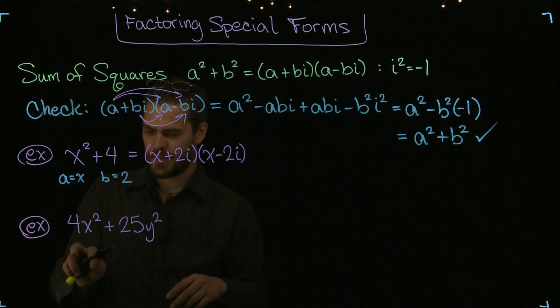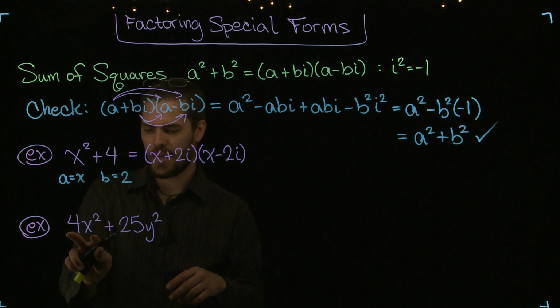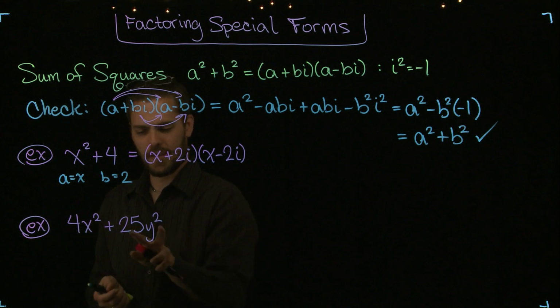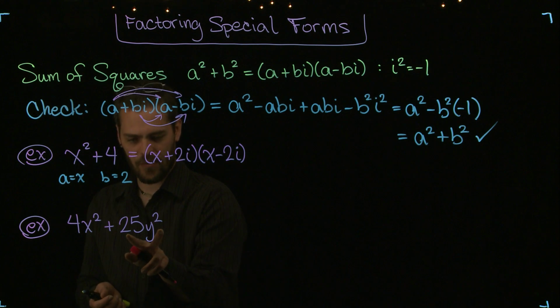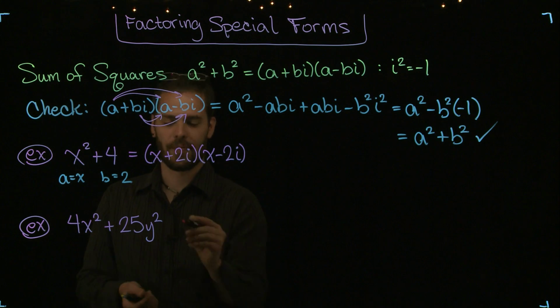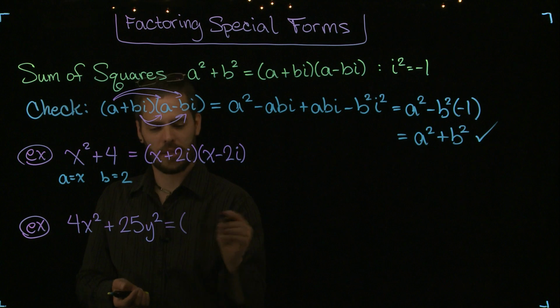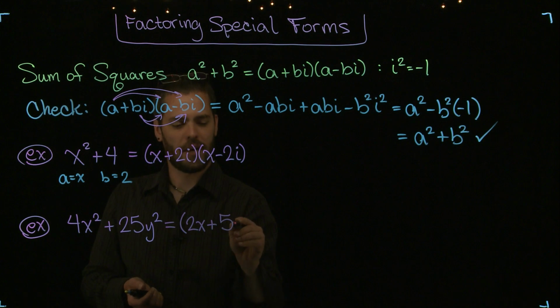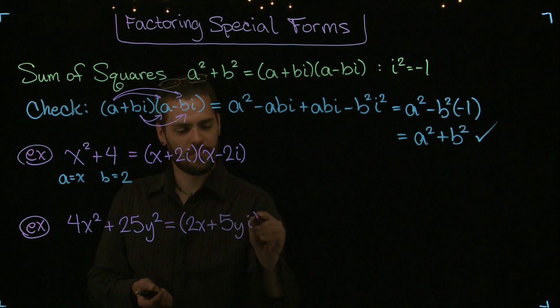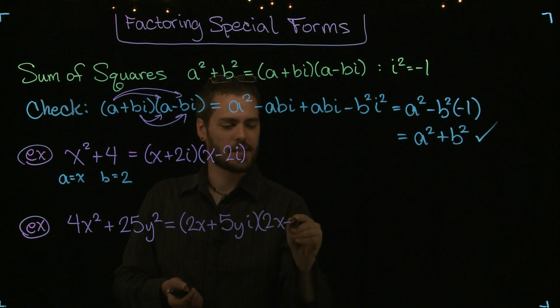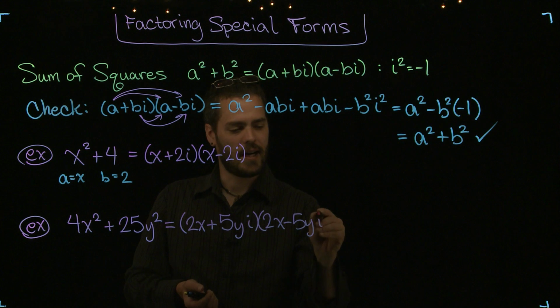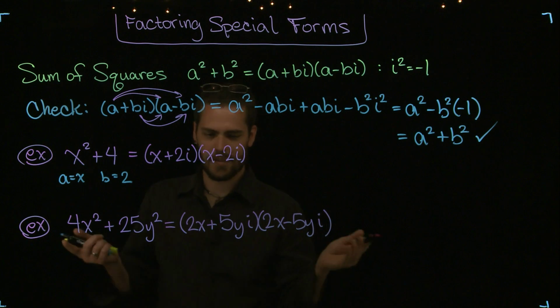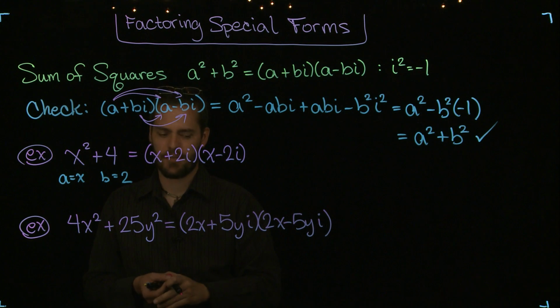They are. Something squared gives us 4x squared, that is 2x. Something squared gives us 25y squared, that is 5y. So I can say our result is 2x plus 5yi times 2x minus 5yi. And that's it. Pretty simple stuff.